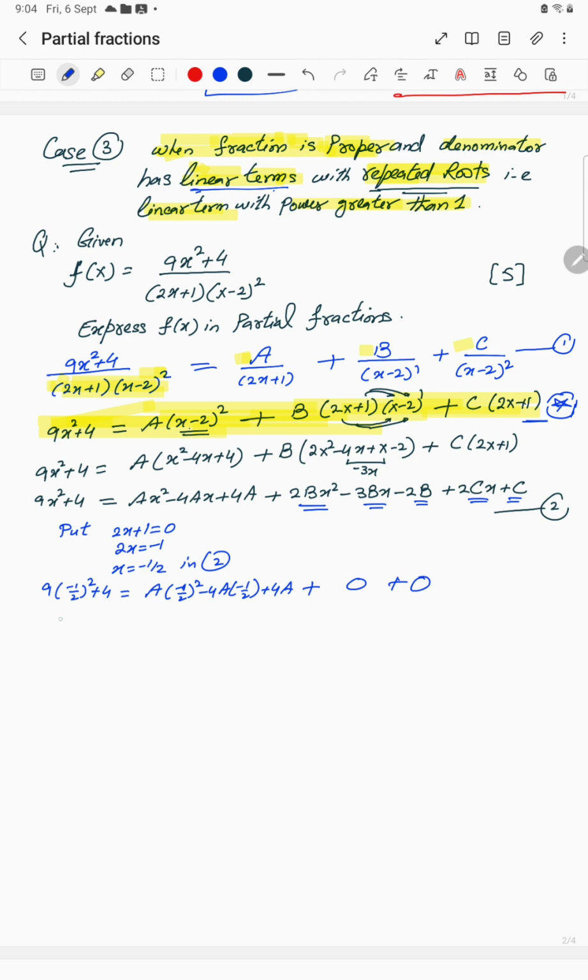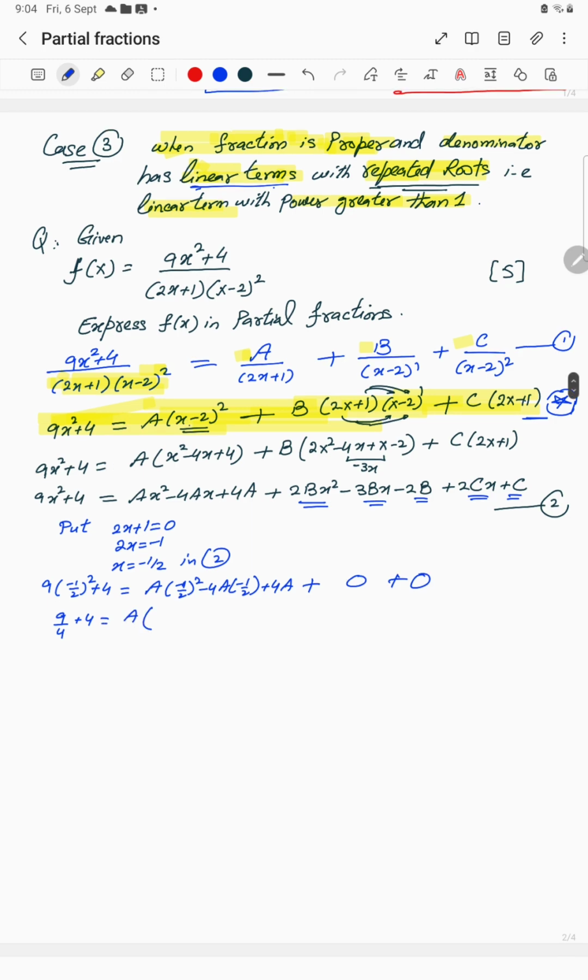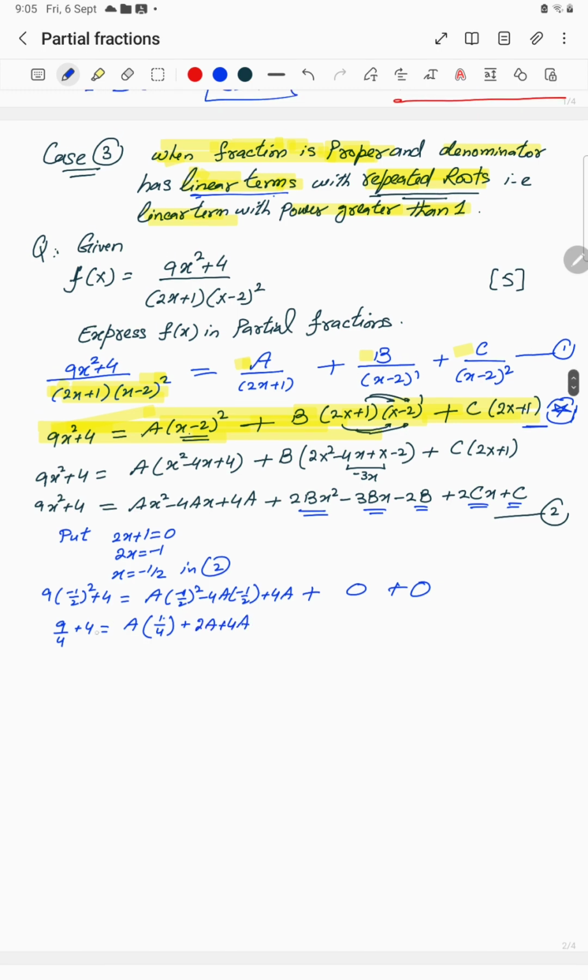You will see we get 9 by 4 plus 4 equal to, with a. If you put it directly, it comes to be minus 1 by 2 minus 5 by 2, so it's the same result we get. 1 by 4 plus 4 by 2 means 2a plus 4a.